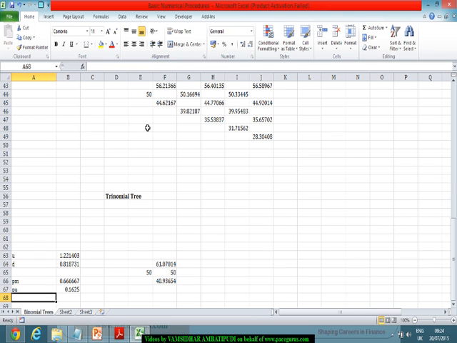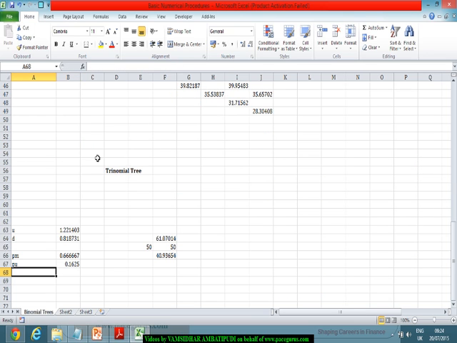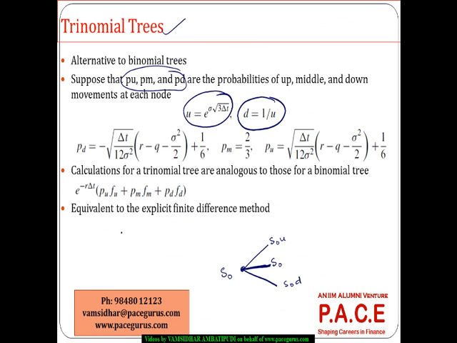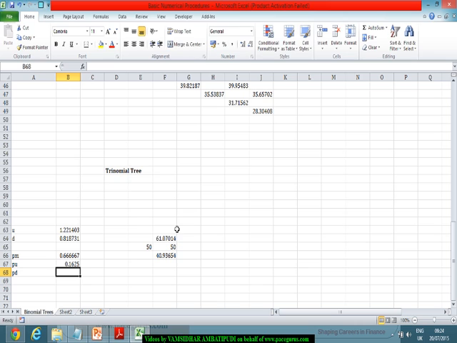So this works out to the probability of an up movement, and the same thing if I do with a plus, I get the probability of a down movement.